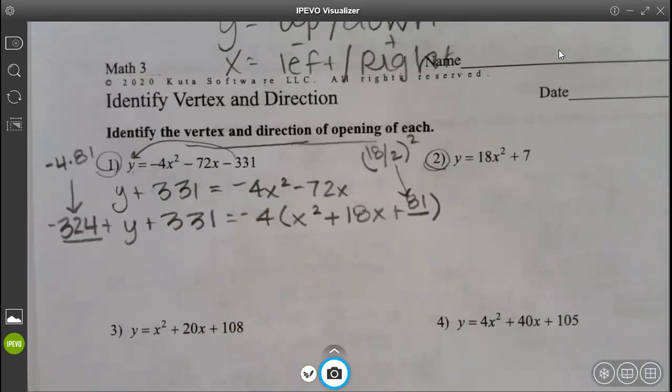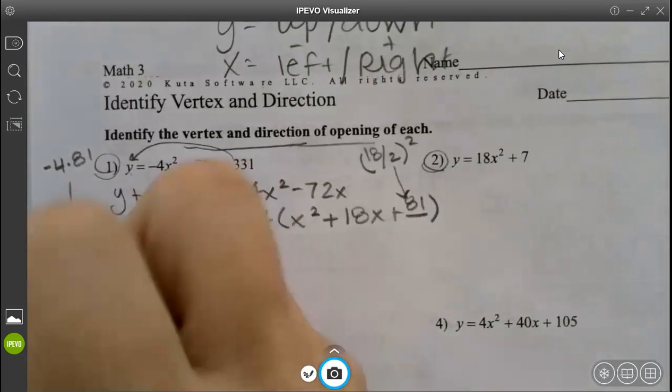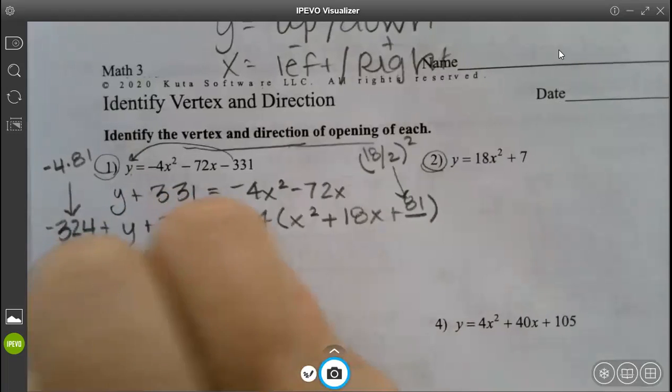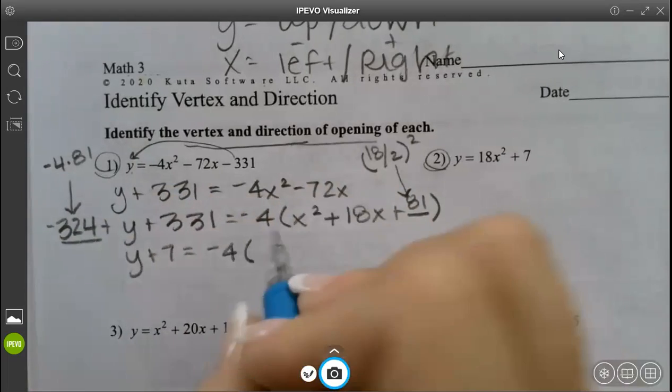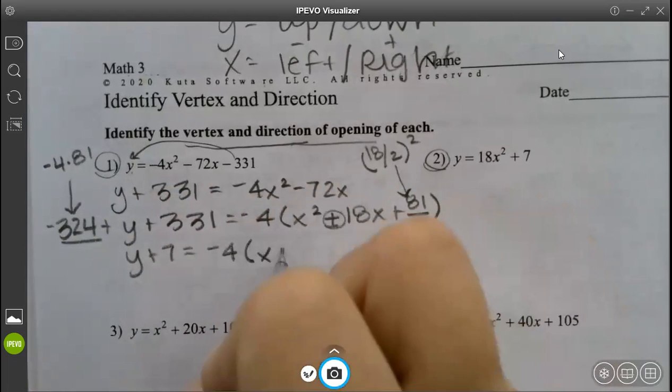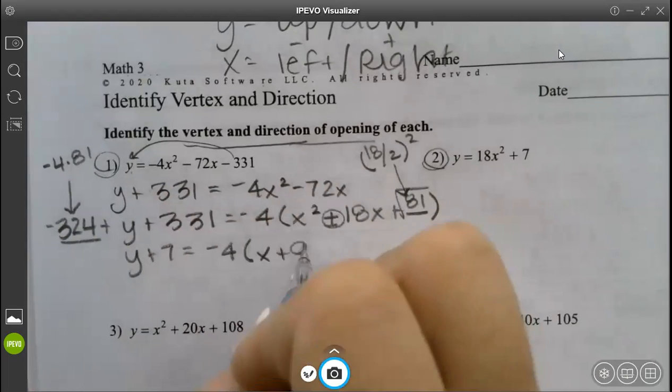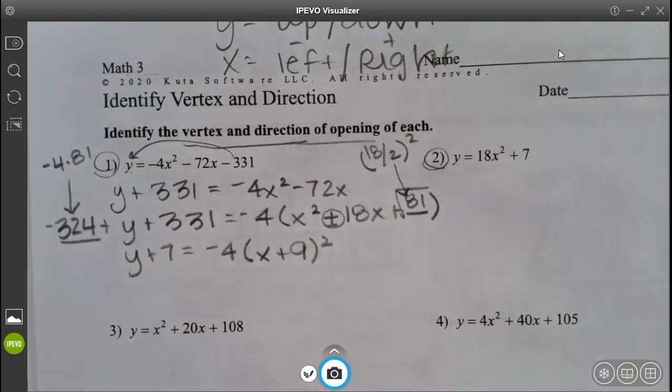Simplify it together. 331 minus 324 is 7. So this will be y plus 7 equals the negative 4 is out front. Rewrite this as x. It's a positive. Square root of 81 is 9. And then your last step is to move that 7 over.